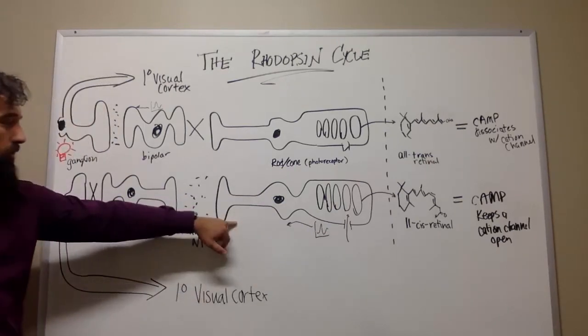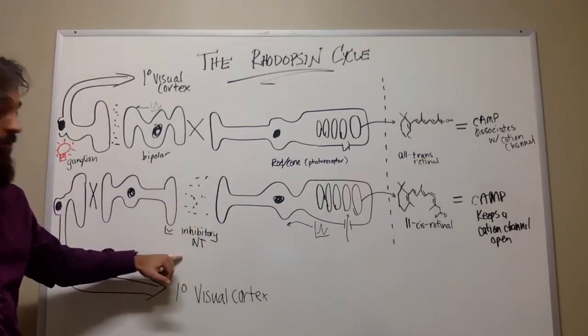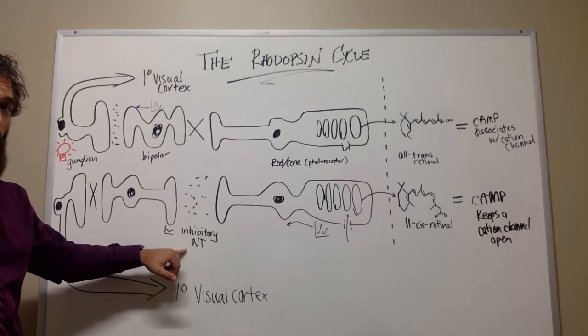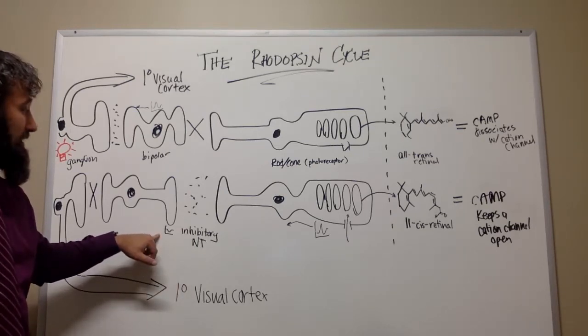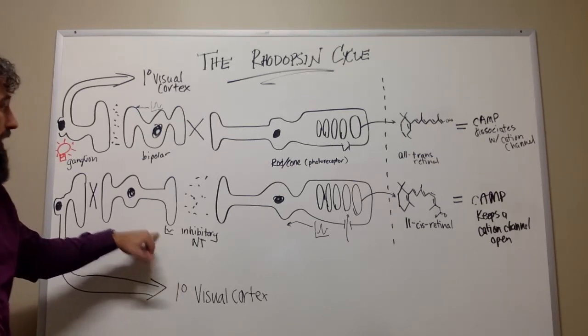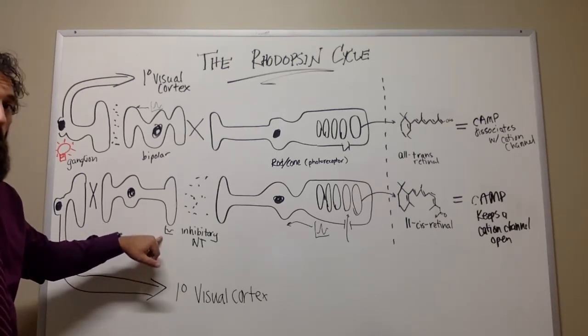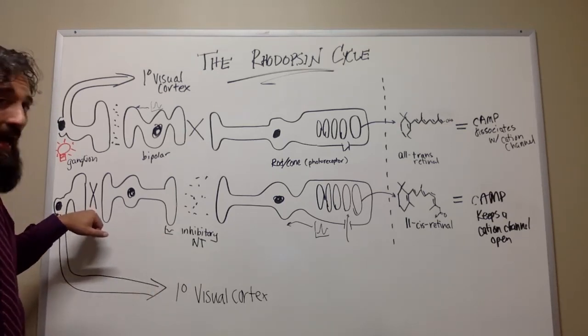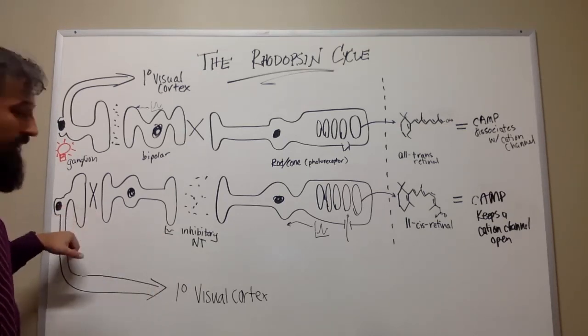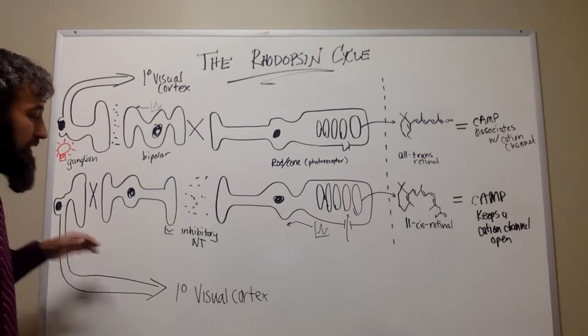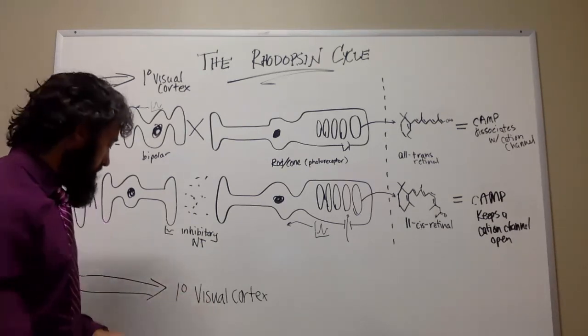When it is depolarized, it will release an inhibitory neurotransmitter into the cleft with the synapse with the bipolar cell. The bipolar cell is inhibited. There's an IPSP generated in the bipolar cell, which means it will not send any message to the ganglion cell, and the ganglion cell says it's dark.